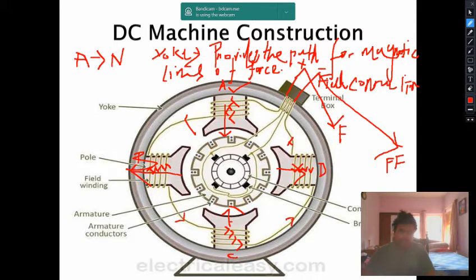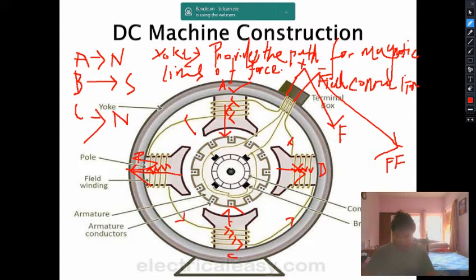If you see pole B, you see the magnetic field is entering the pole, so B is South Pole. For pole C, you see again the magnetic field is emerging out of the pole, so pole C is again North Pole.